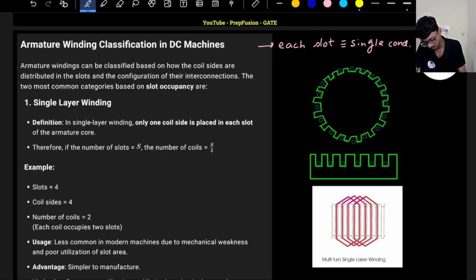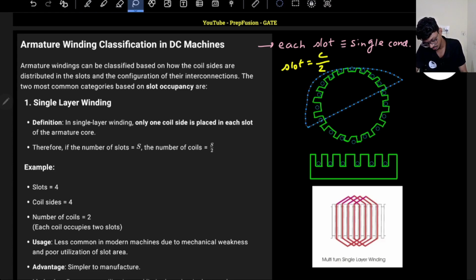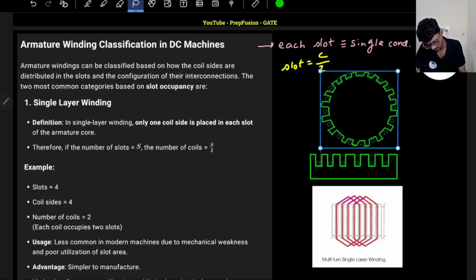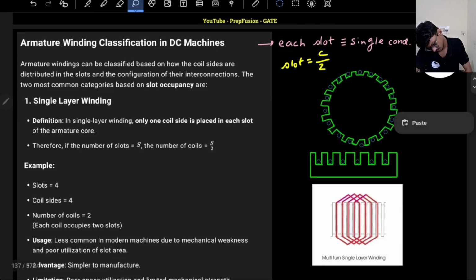So the number of slots will be equal to the number of coils, that is, sorry, you can write this as C divided by 2. Am I correct here? Okay, something I've messed up. One single conductor is there. No, it is correct only.